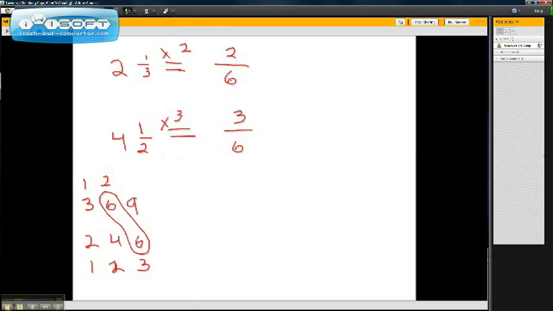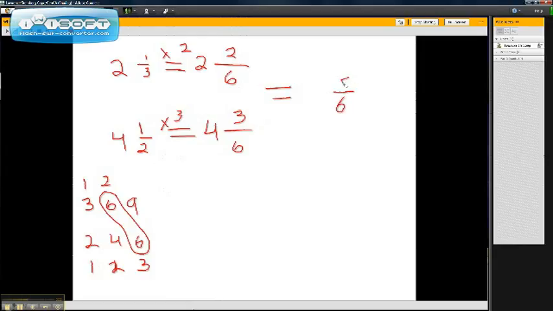And now my denominators are the same. I have equivalent fractions. I can bring over my whole numbers: 2 and 2/6, 4 and 3/6. They're the same value as the original mixed numbers, but at least now with our fractions, we have a common denominator.